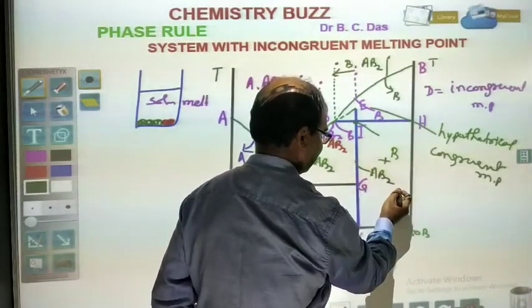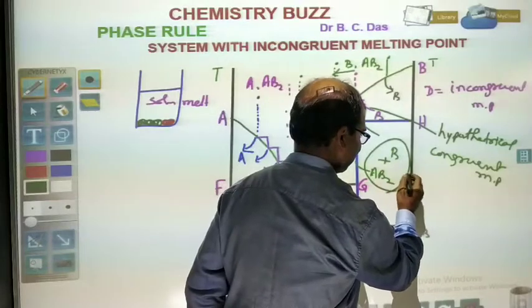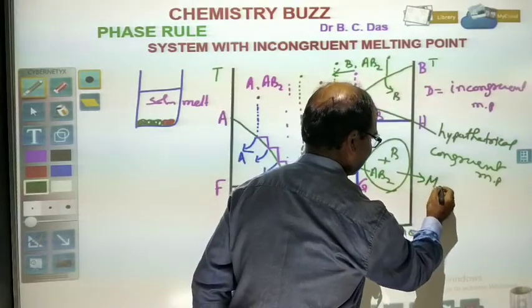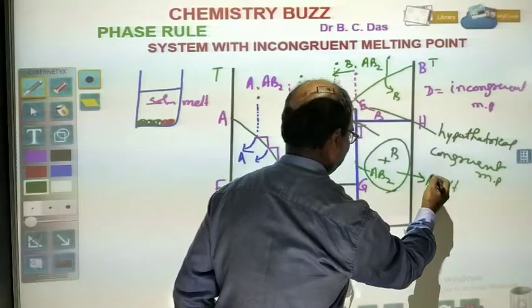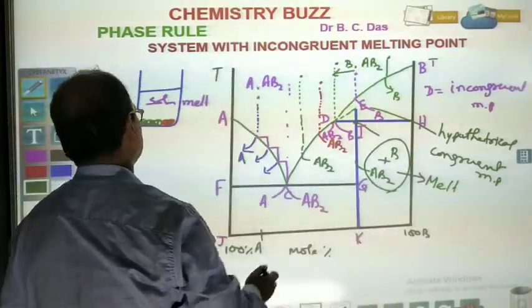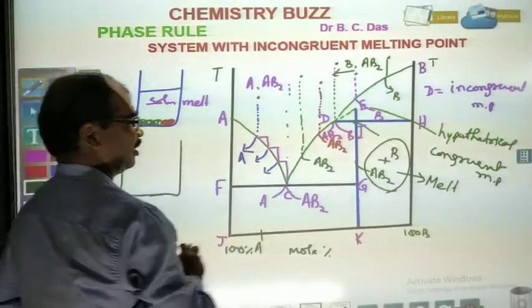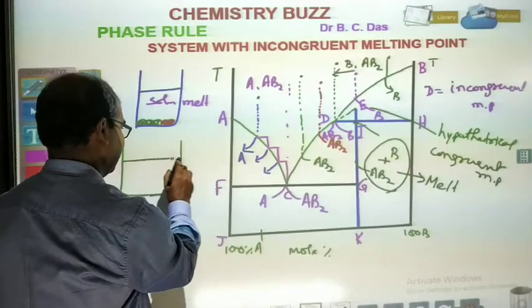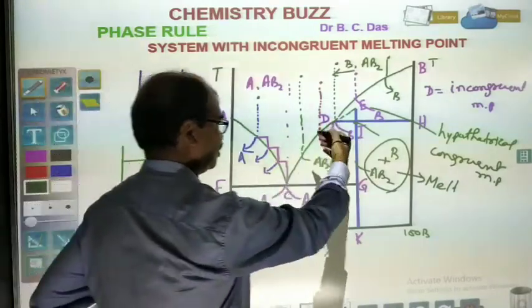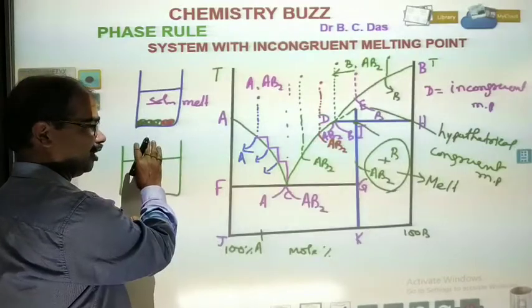So in this region, there is B, AB2 and melt. And the melt contains B and AB2. We always have to consider the container in the system, so whatever solid is formed is in the container and the solution is there.